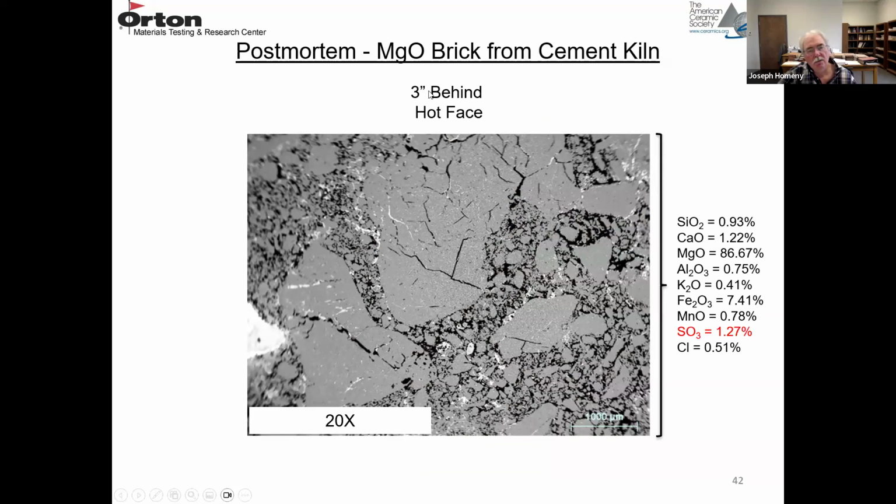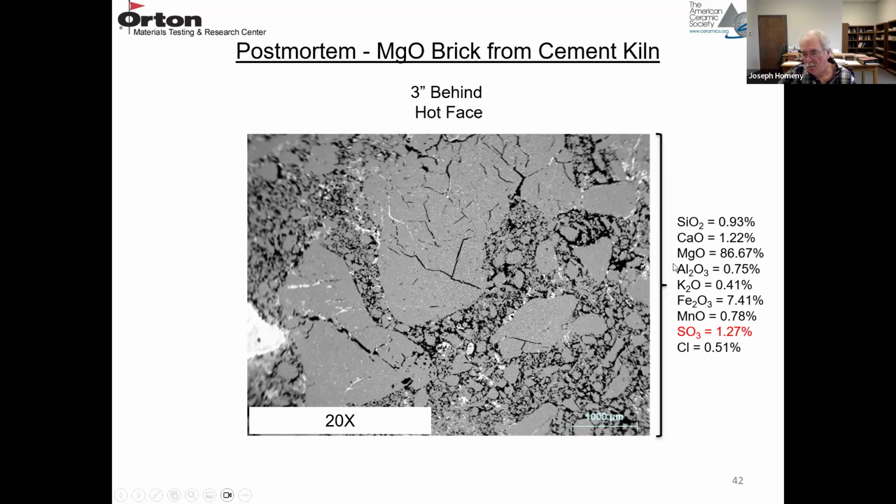So we can look 3 inches behind the hot face, and the bulk chemistry here by the SEM EDS is about 87% MgO. There's some silica, some lime. This MgO has quite a bit of iron, about 7%.